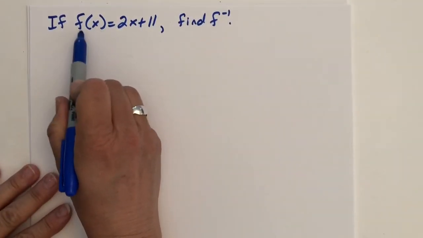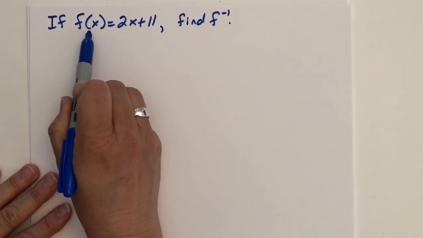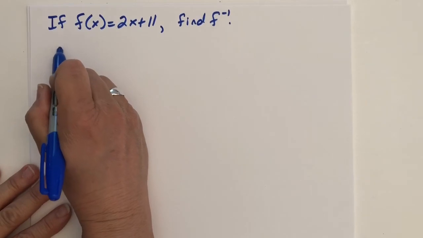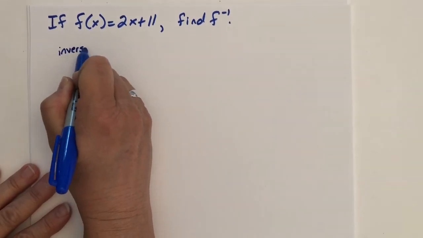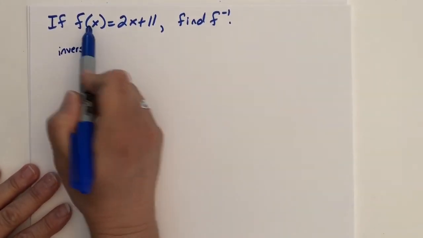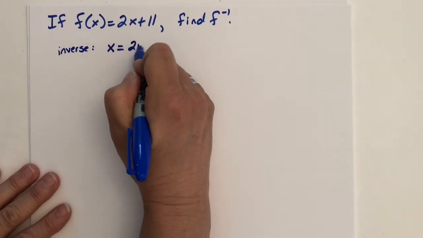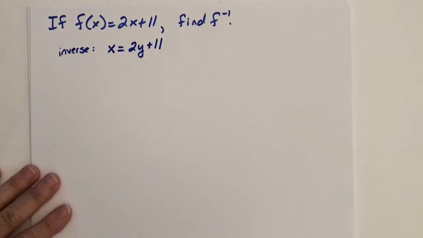Remember, the f of x is playing the role of y. So here's my y, here's my x. To find the inverse, I switch those roles. My y becomes my x, and my x becomes my y. And then we solve for y.